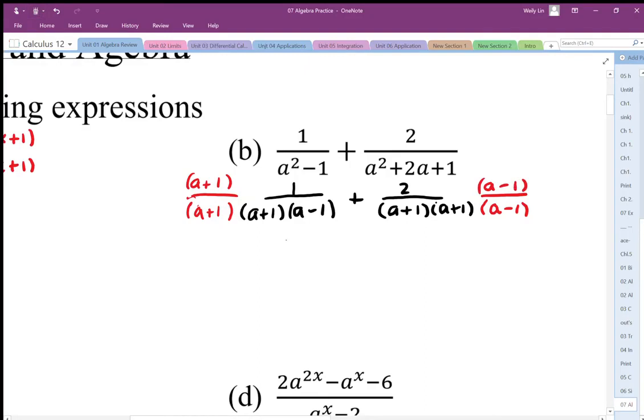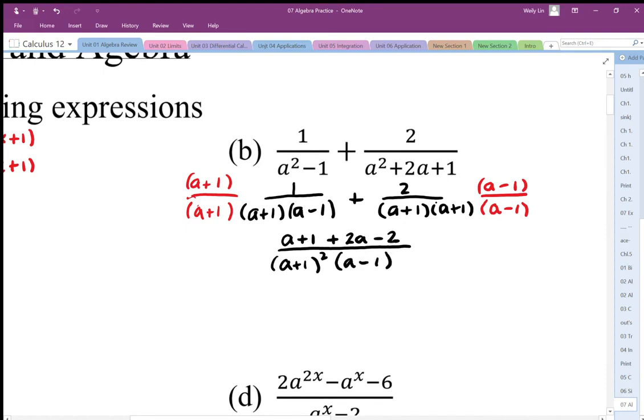I can now add the numerators. It's going to be a plus 1 plus 2a minus 2, and the denominator is going to be a plus 1 squared times a minus 1.